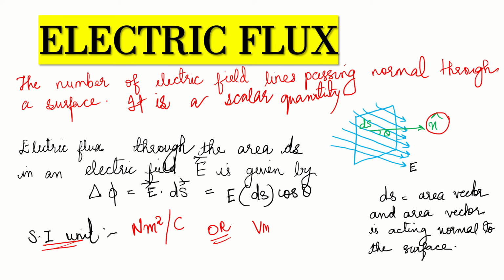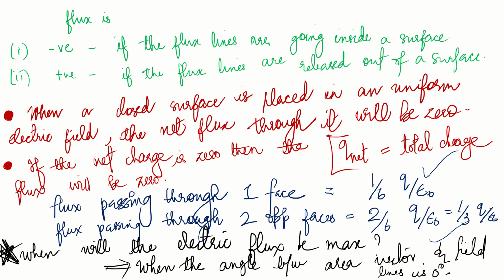Its expression is phi is equal to E·dS, or phi is equal to E dS cos theta, where E is the electric field, dS is the area, and theta is the angle between the area vector and the field line. SI unit is Newton meter square per coulomb or volt meter.